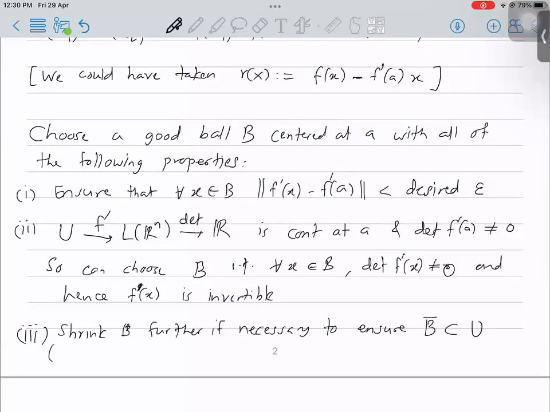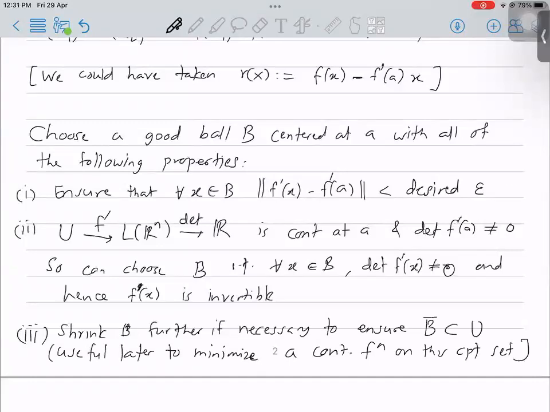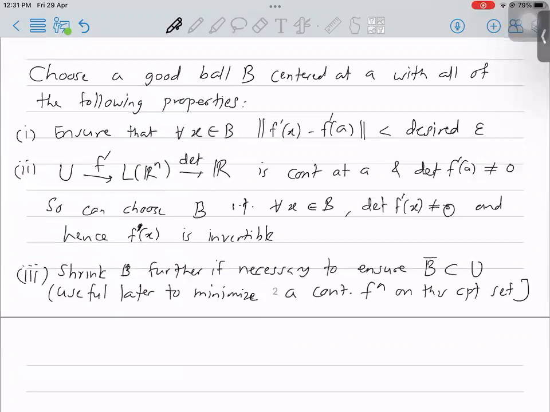I will say: useful later to minimize a continuous function on this compact set. So minimum is guaranteed. So what we should do now is draw a picture.